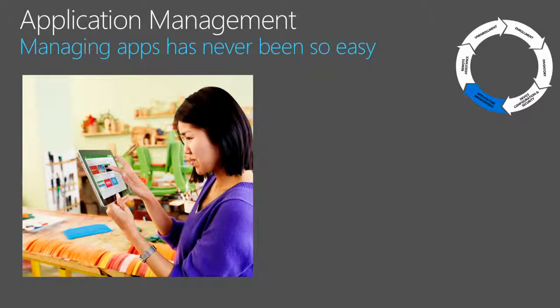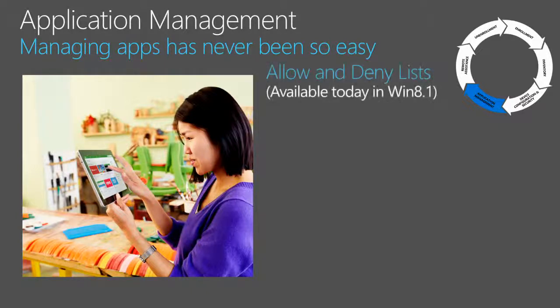And then we go to the almost last slide, so application management. There is quite a lot changing there. We will have the same capabilities as we currently have in phone, where you can configure allow deny list. So you can say, for example, based on publisher or application ID, that if you do publisher, you could say, okay, I allow all applications that have a publisher for Microsoft, except for the Facebook application.